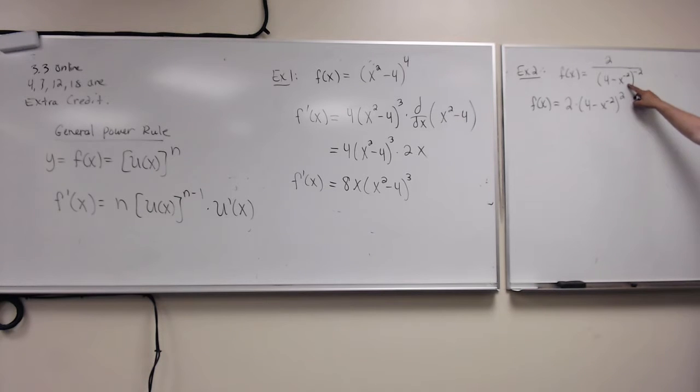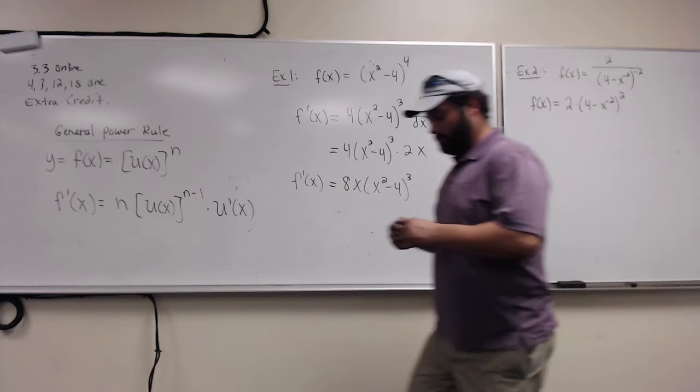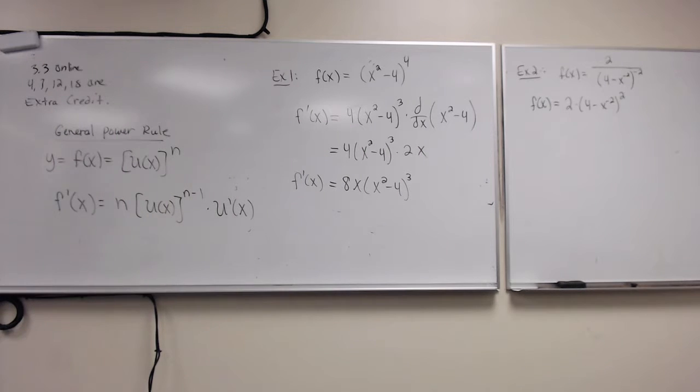So instead of dividing by something with a negative exponent, we can multiply by the same expression with a positive exponent. But you could have used the quotient rule right away if you wanted to, and we have the tools to do it. But generally, I avoid the quotient rule if I don't have to use it.